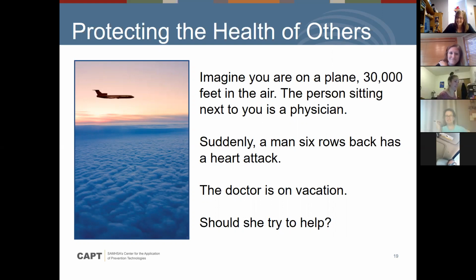Yes, that is correct. And the reason is that according to the Medical Code of Ethics, it is a physician's ethical responsibility to provide care in a medical emergency, even when they are off duty, okay? So how do you think this concept relates to us as prevention professionals?